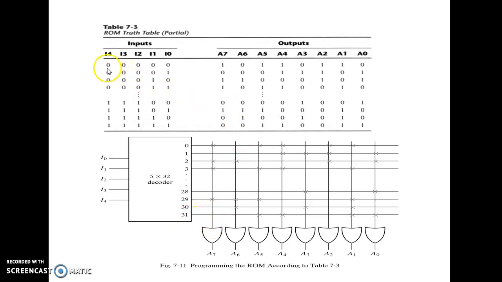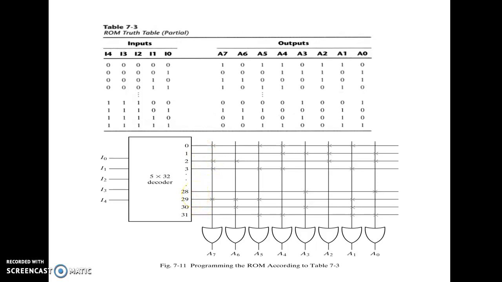So if you are giving 5 zeros to this, only this particular output would be 1, remaining all zeros, that is 1 to 31. Why? Because the decimal equivalent of 5 zeros is 0. So this particular output would be 1, remaining all zeros.